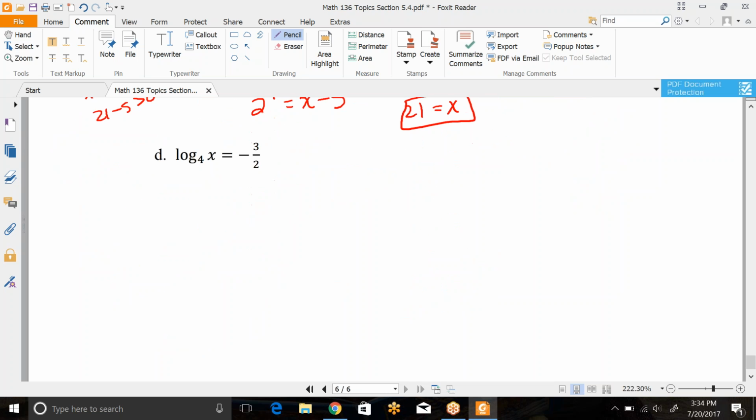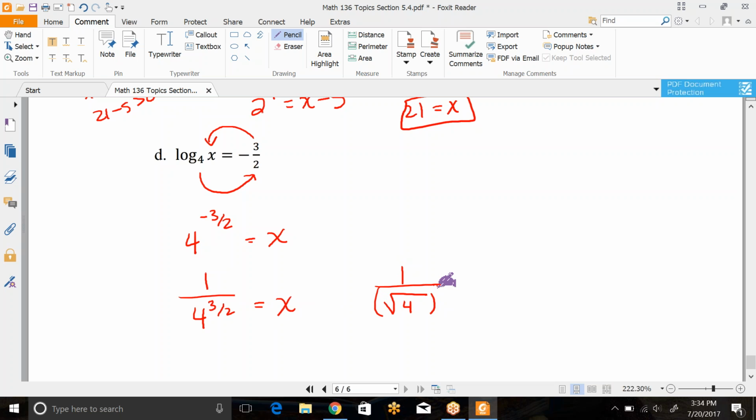All right, and then let's look at D. This again has one log on one side but not on the other, so we need to do our spiral technique. So 4 to the negative 3/2 equals x. We need to remember what to do with this. I would convert this into being on the bottom first, and then I would turn this into a radical. So this is 1 over the square root of 4, and then it needs to be cubed.